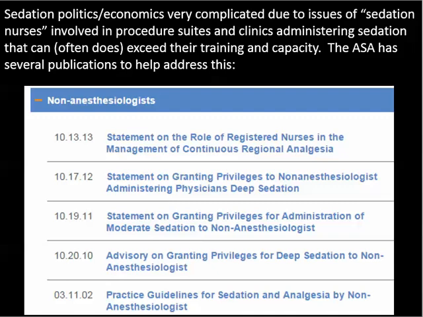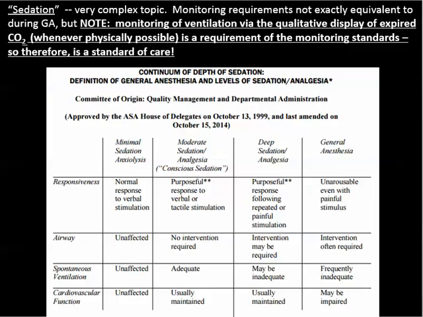But these are the kind of highly controversial, sometimes inflammatory topics that are covered in these documents from the American Society of Anesthesiologists. As I said, there's no possible way we can go over all this. But as far as the idea of the monitoring, it is relevant for you, and this is something you really do need to have in your mind, in the sense that this is where an exam question first came from, I think, the ideas about sedation.